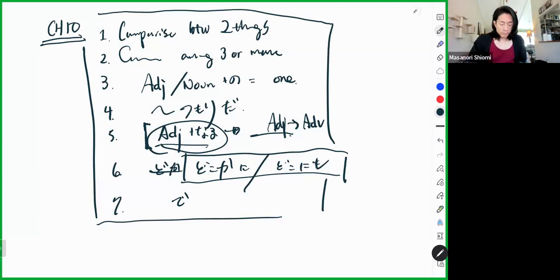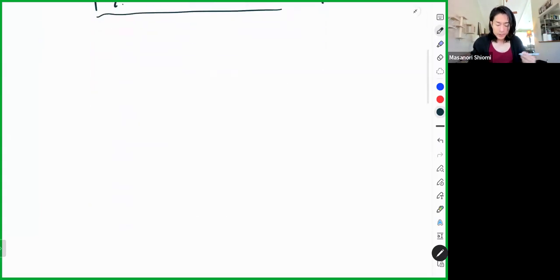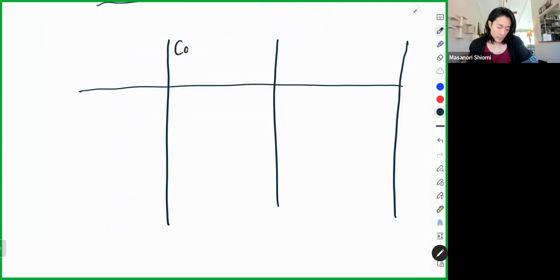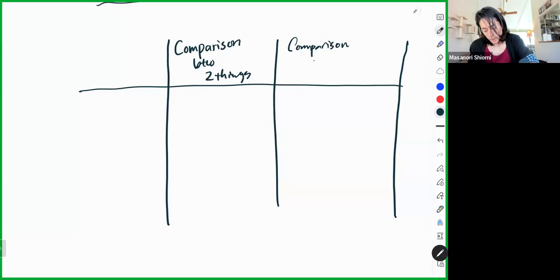Okay, let's start. So first one, comparison between two things. Well, let me write a chart. I'm going to cover comparison between two things and also comparison among three or more things.